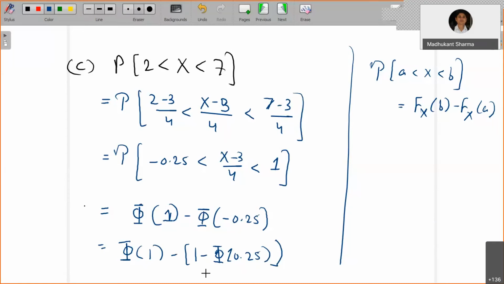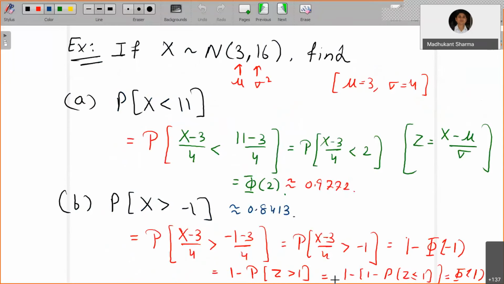So that's going to be phi of 1 plus phi of 0.25 minus 1. The phi of 1 value we have just seen is 0.8413. Plus phi of 0.25: 0.25 means you are in this row 0.2, and 0.25 gives the value 0.5987.